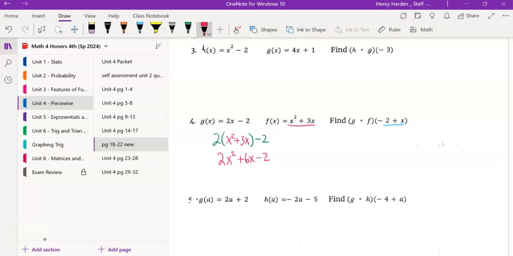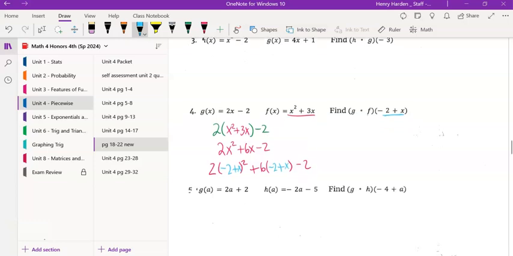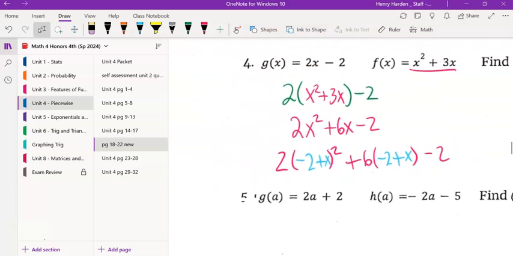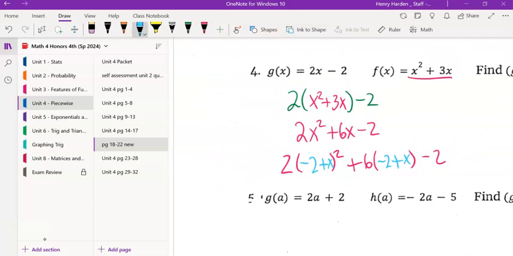So we're going to have 2 parentheses, and then inside of that, -2 plus x, -2 plus x. And then simplify. So we did one like this the other day. Just make sure you take your time when you square this.